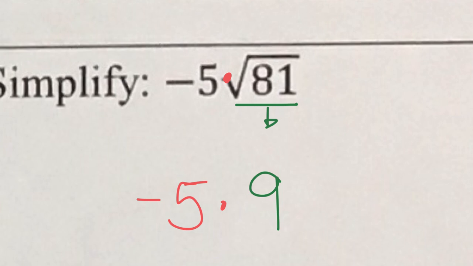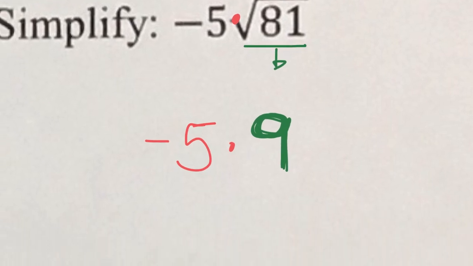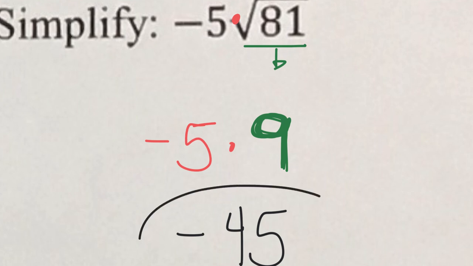The square root of 81 is 9. 9 times 9 is 81. So then what is negative 5 times positive 9? And our calculator says negative 45. So the final simplified answer for this problem is negative 45.